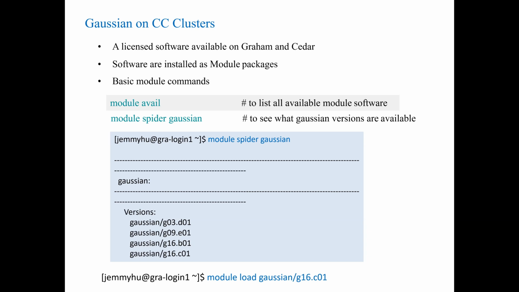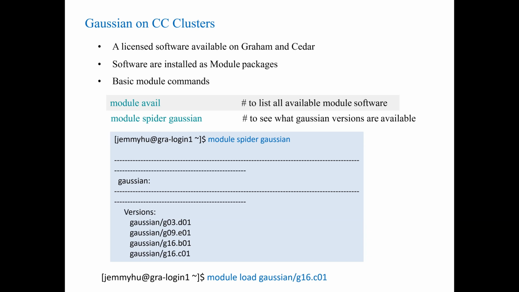For example, SHARCNET has a license, and the license allows it to be used for systems at the site, which is the University of Waterloo. It happened that Graham is on that site. And then Westgrid has a site license as well, and allows us to run it at SFU. That's where Cedar is physically located.